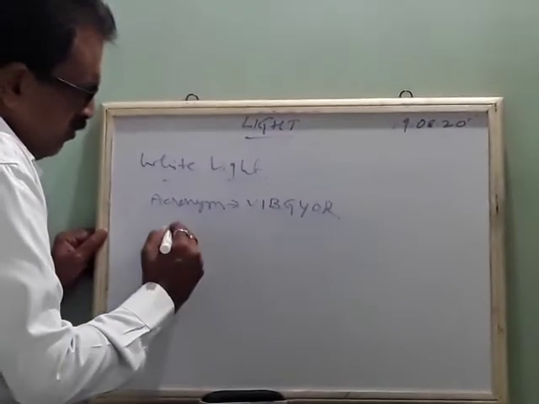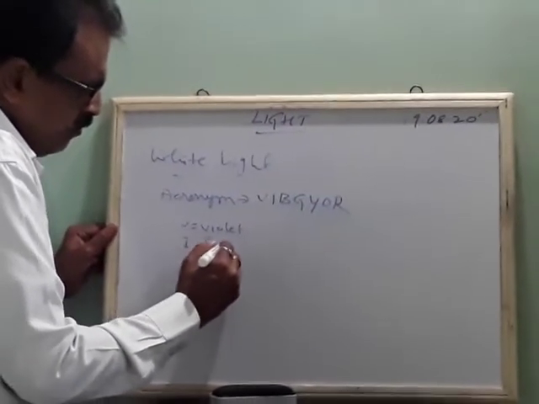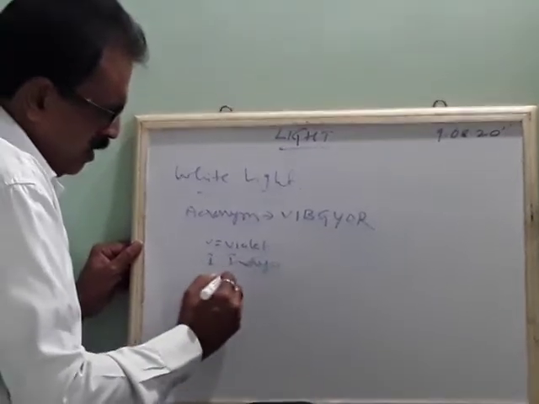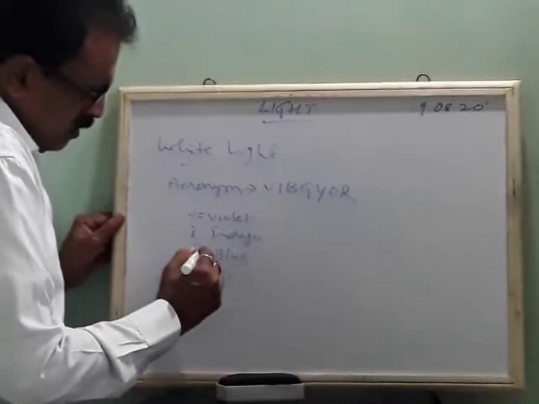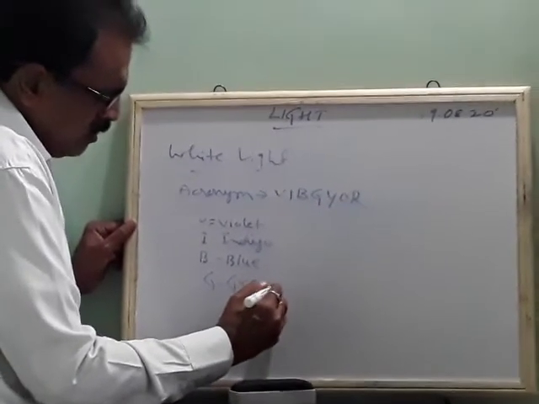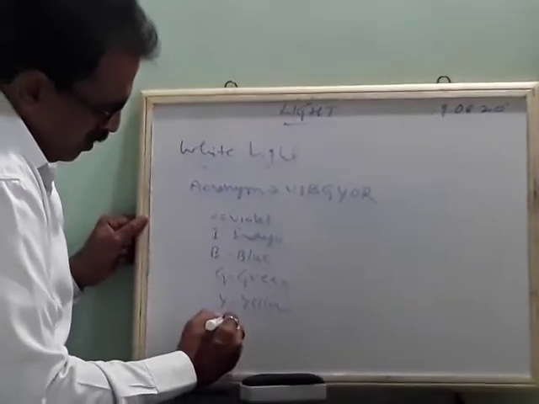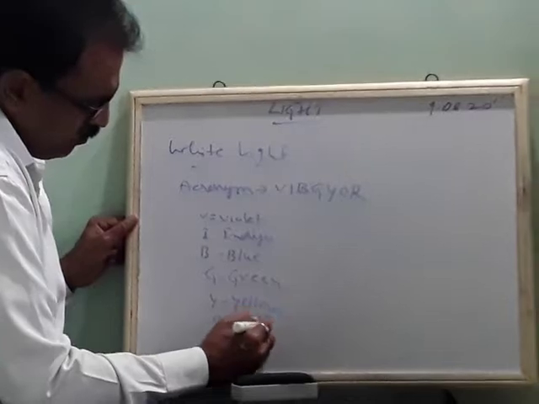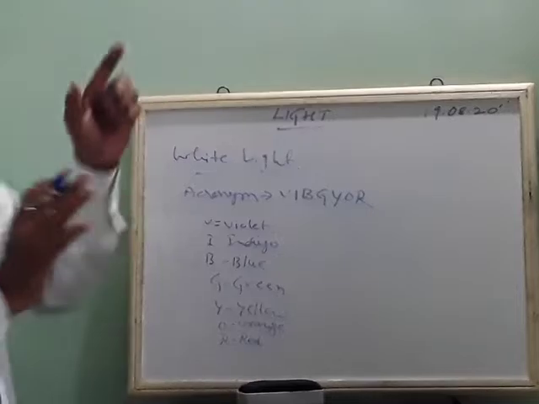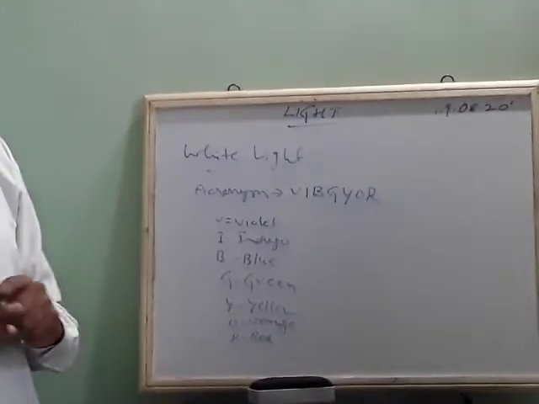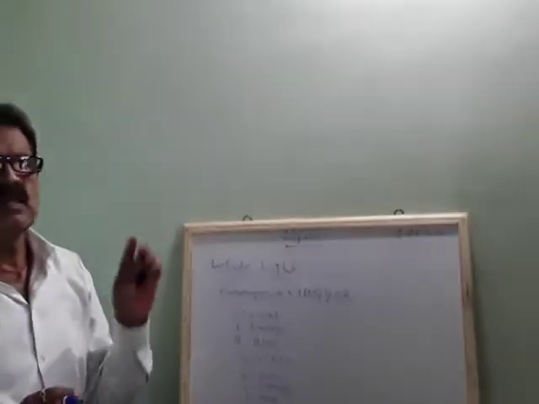V is for violet, I for indigo, B for blue, G for green, Y for yellow, O for orange, and R for red. So white light looks like only light, but inside the light actually there are 7 colors. The best example I told is the rainbow.